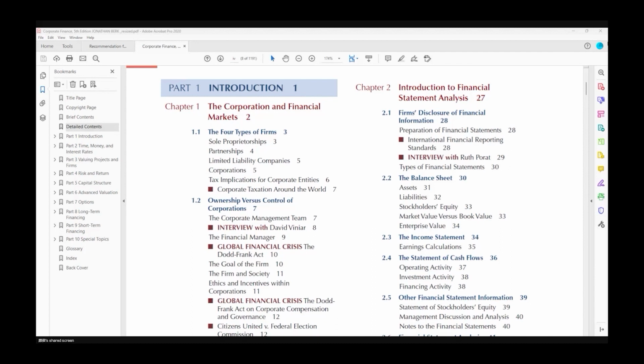And for listed firms, things can be very complicated because we have thousands or tens of thousands of shareholders or even more. And how can we make sure that we can manage the firm in an efficient manner? We need some specific mechanisms for doing that.